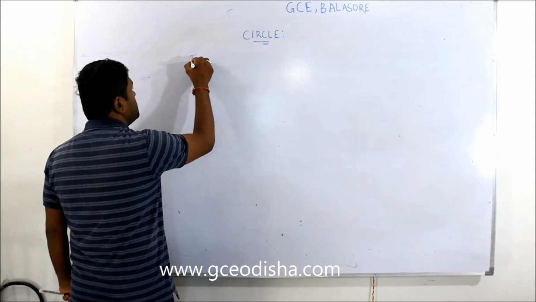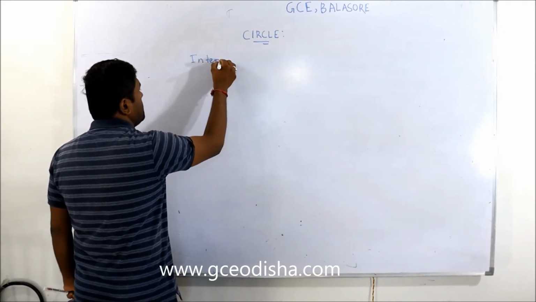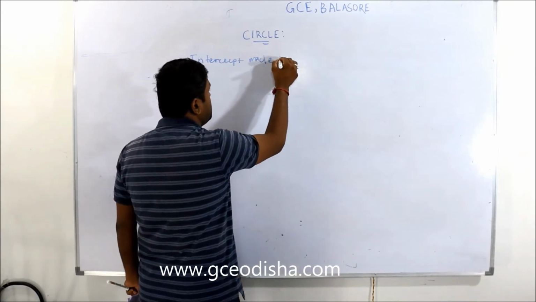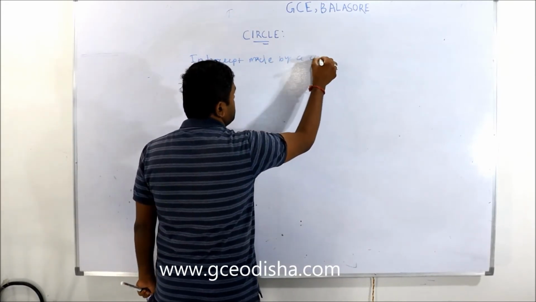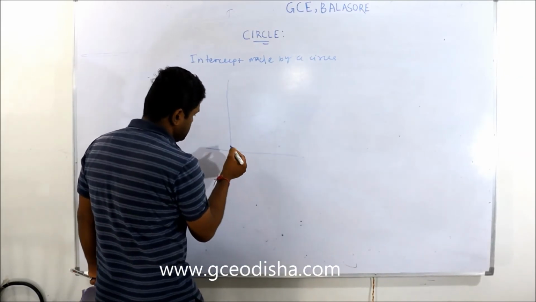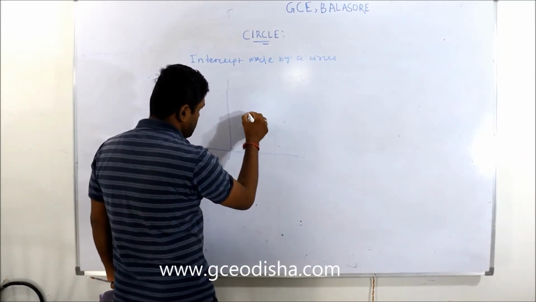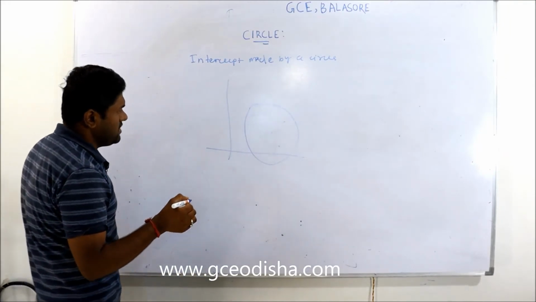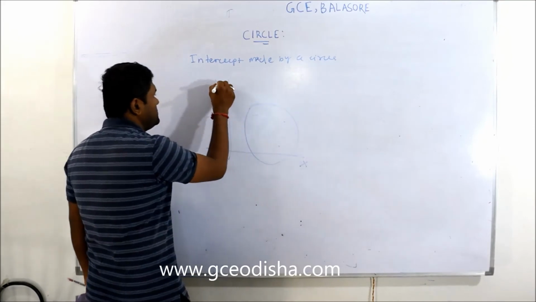Another concept is the intercept made by a circle. Like this are the coordinate axes, and this is the circle, which cuts the x-axis and y-axis.